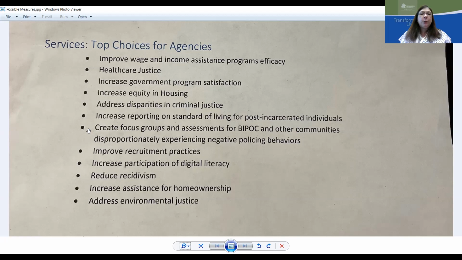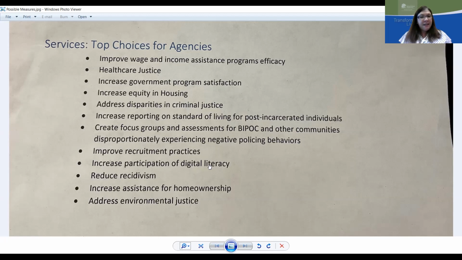7, create focus groups of assessments for BIPOCs and other communities disproportionately experiencing negative policing behaviors. Number 8, improve recruitment practices.